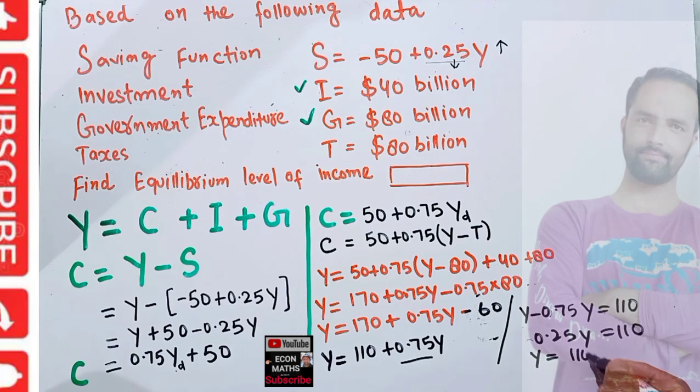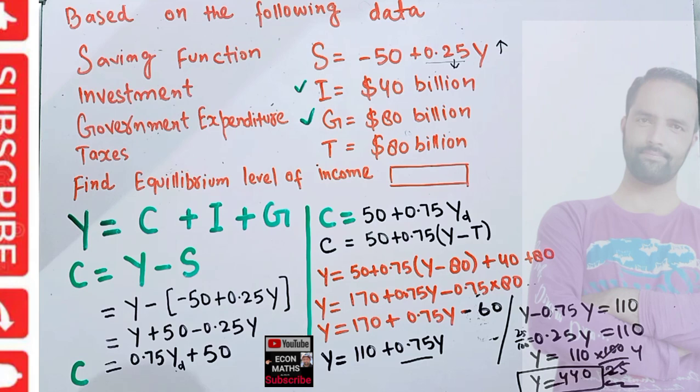Okay, so transposing it will get reciprocated. So we have 25 ones are 25, 4s are 4, zeros are 4. So I guess our equilibrium level of income will be equal to $440 billion.